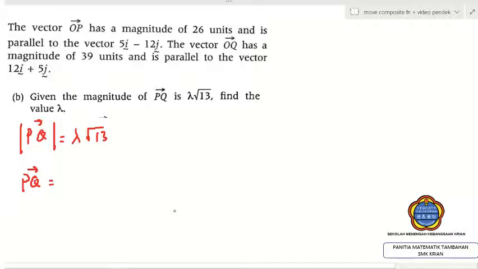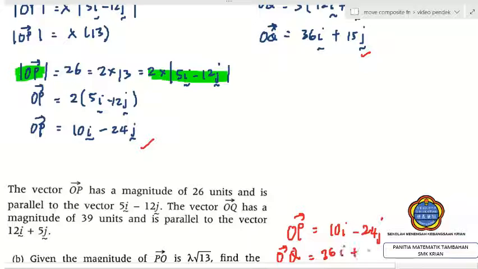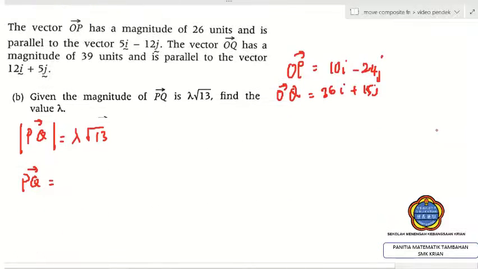Okay, and look back at the answers in question A, OP and OQ. Okay, OP is 10i minus 24j, and OQ is equal to 36i plus 15j, and we can apply here PQ is equal to PO plus OQ.